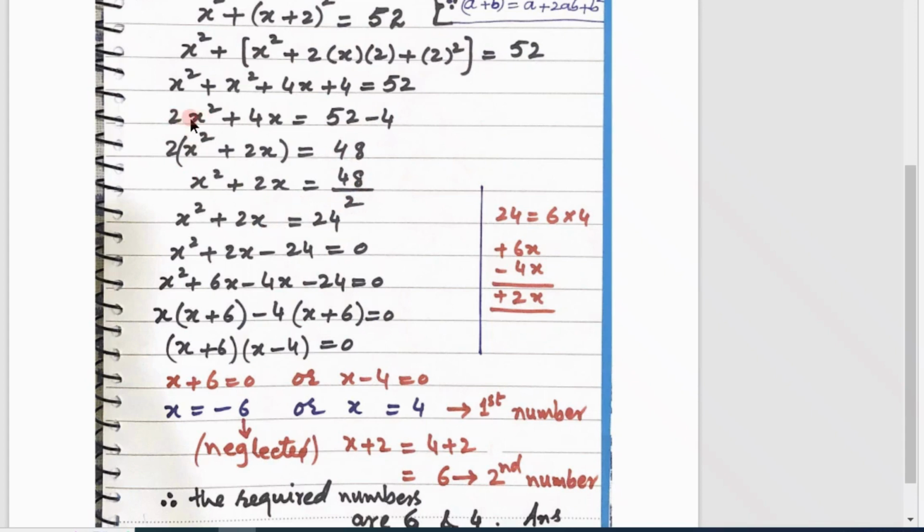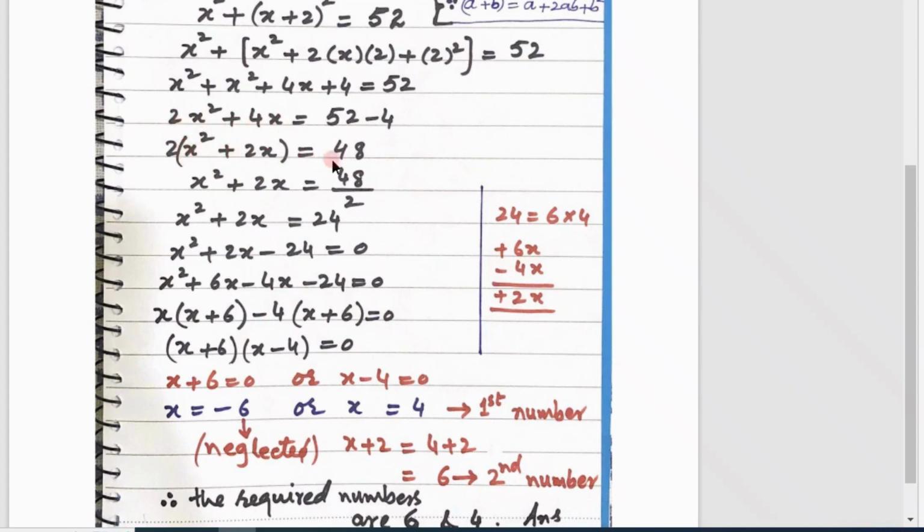Come to this step again. Before taking this 2 common, come here. Many students make this blunder. They shift this 2 towards the right side and the 4 is still there. No, first of all you will take the common and then you will shift it, because here 2 is just multiplying with x square and 4 with x. This is not the common of the whole expression.